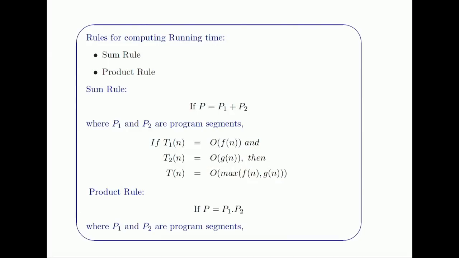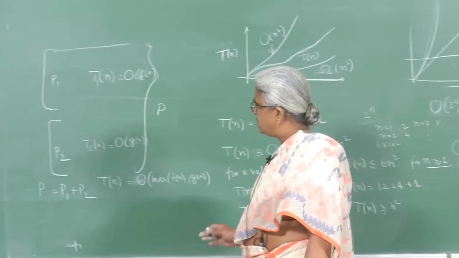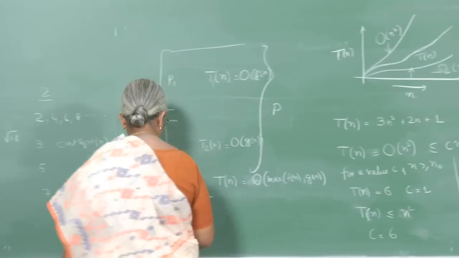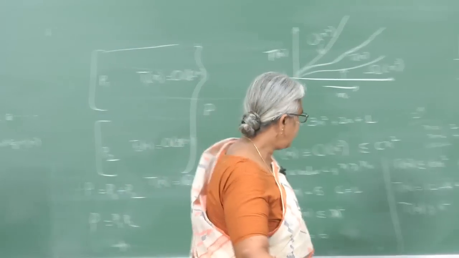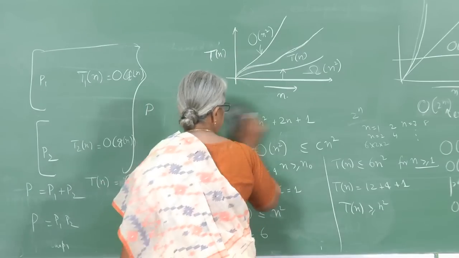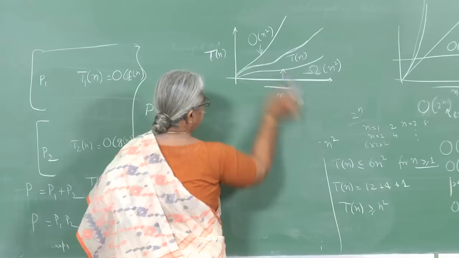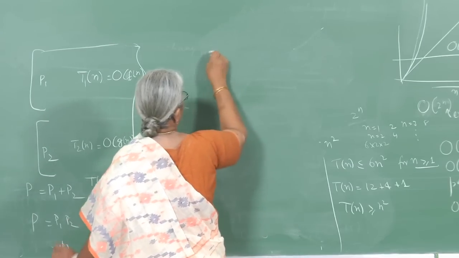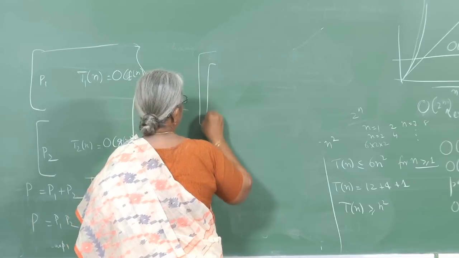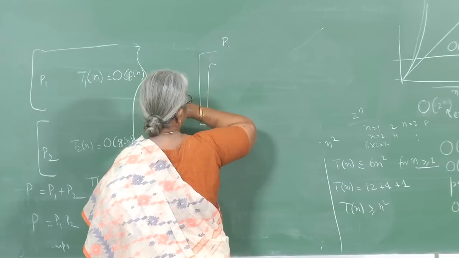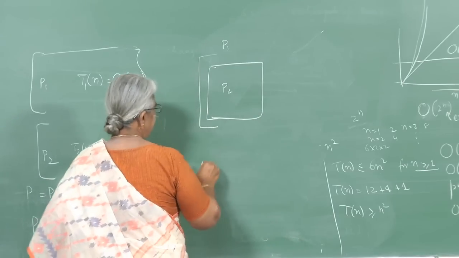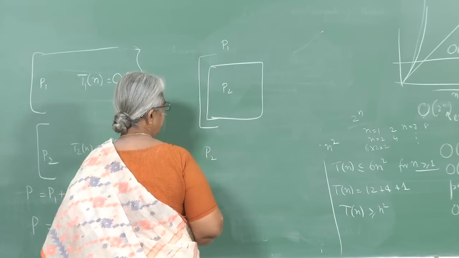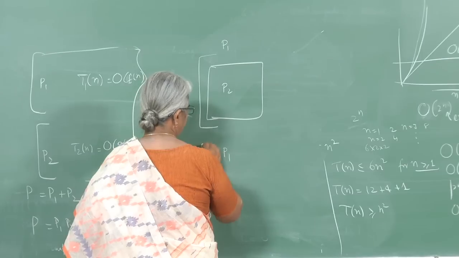Before that, I would like to talk about another rule, which is called the product rule. In the product rule, the program P is made up of P1 into P2. What is the meaning of this? It simply means that you have some kind of repetition block. I have a loop statement here, which corresponds to, let us say, P1, and within this I have the body of the program P2, and it means that the program segment P2 is getting executed P1 times.